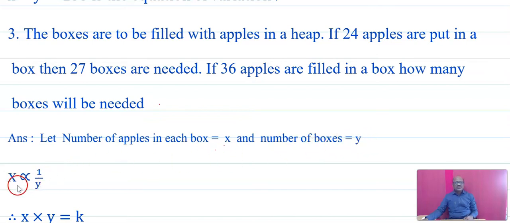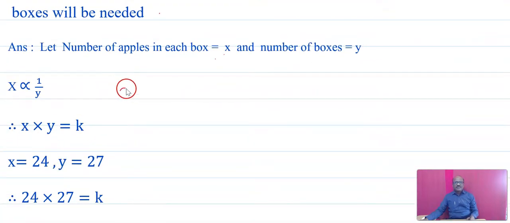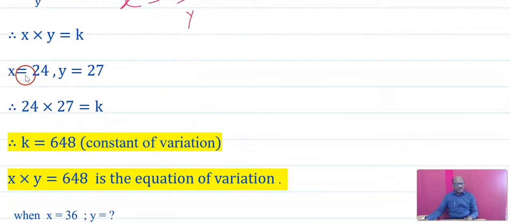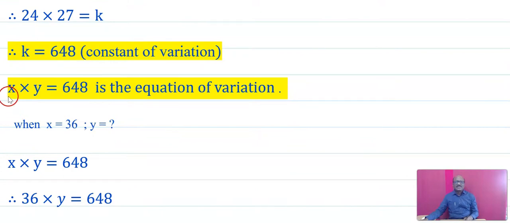Now x is inversely proportional to y. Therefore x is equal to k upon y, so x into y is equal to k. When x is equal to 24, y is equal to 27. Therefore 24 into 27 is equal to k, and their product is 648. This is the constant of variation, and hence its equation can be written as x into y is equal to 648.